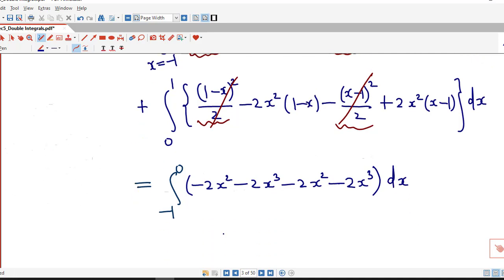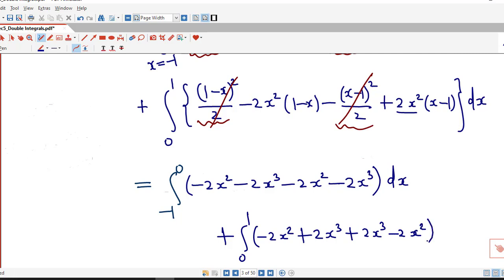Similarly, we can write for the second part integral from 0 to 1 minus 2x square plus 2x cube minus 2x square plus 2x cube, and here 2x square into x, that is plus 2x cube, and minus 2x square dx.